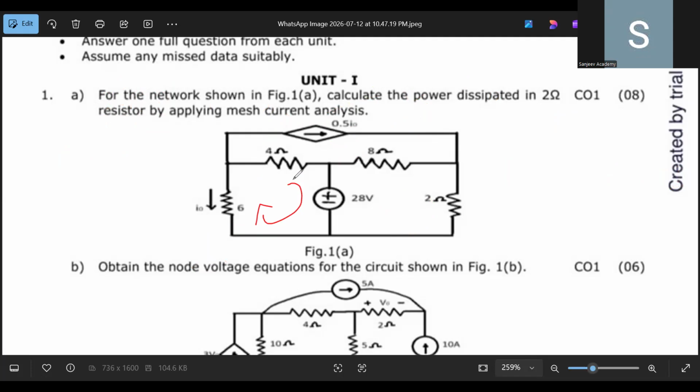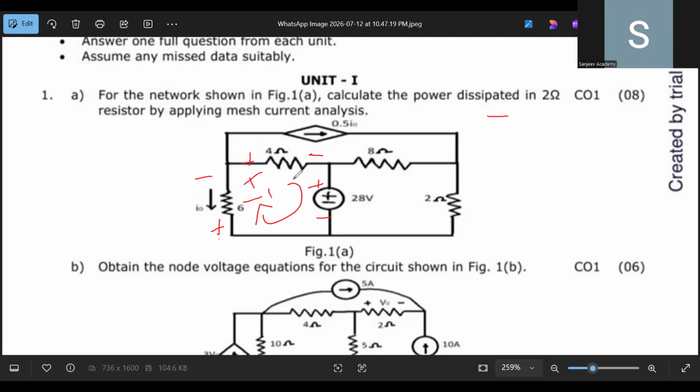If I'm writing it down, always write plus to minus voltage drop. Here also plus to minus voltage drop. Here also plus to minus, no change. So plus to minus is a voltage drop, and if there is a voltage drop, put a minus sign. This is in I1.